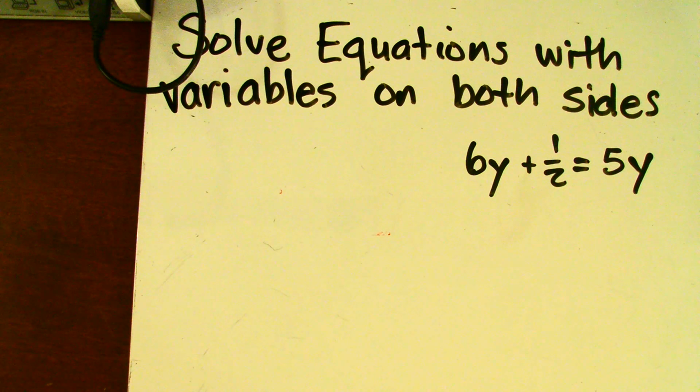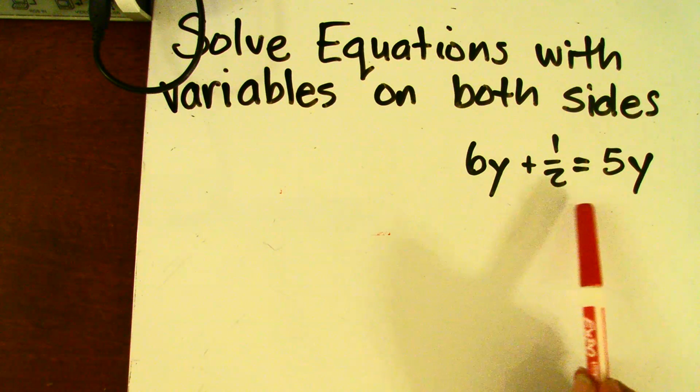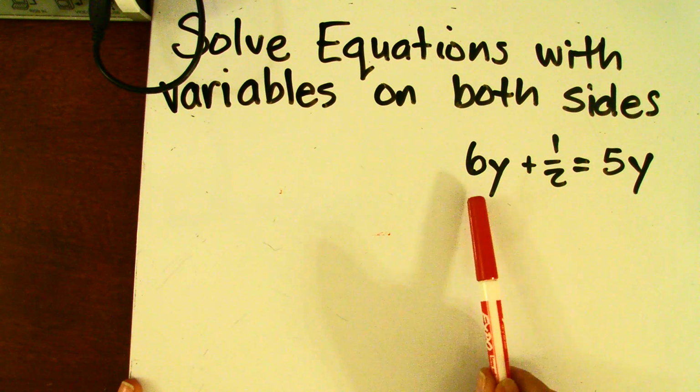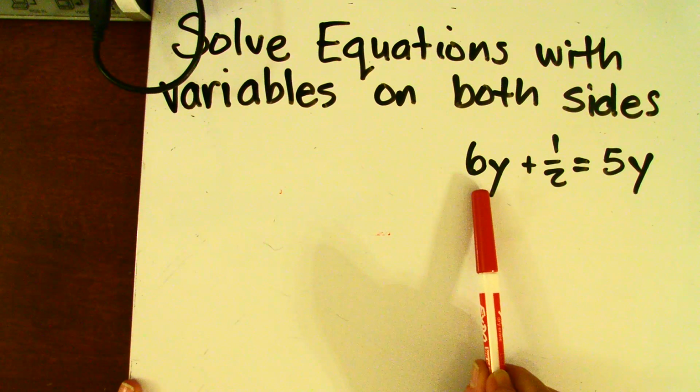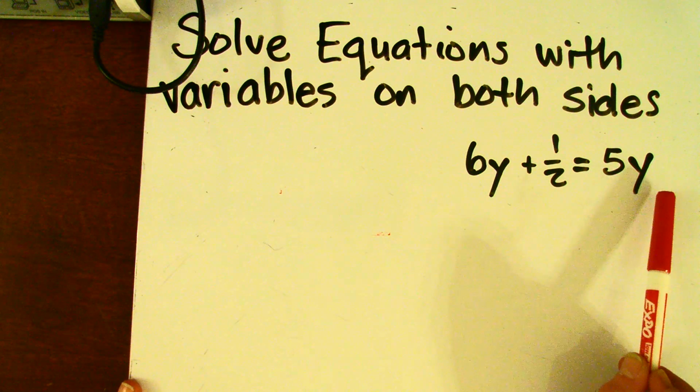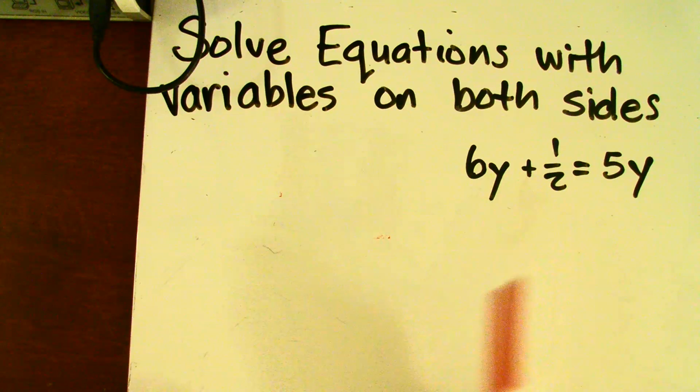Here we have 6y plus 1/2 equals 5y. I'm going to move this 6y to the right-hand side so that my y's will be on the right and my constant will be on the left.